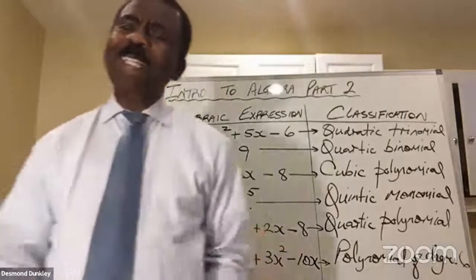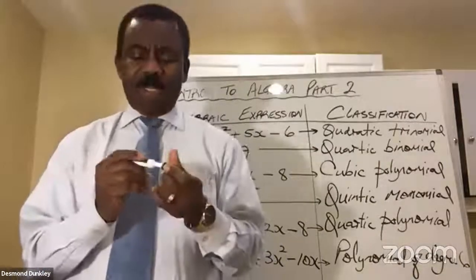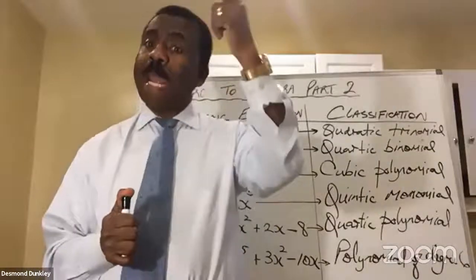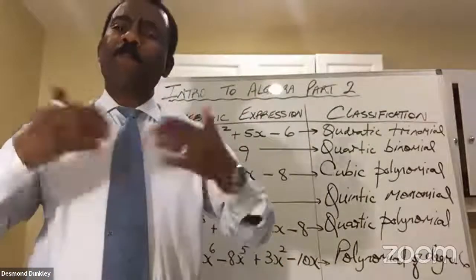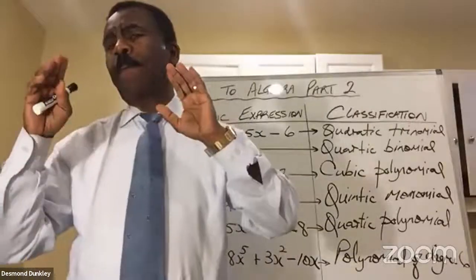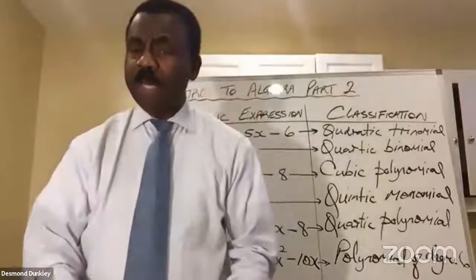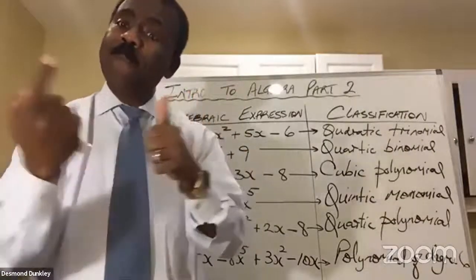So that's it right there. You're now experts at classifying algebraic expressions. So we have the monomial, the binomial, the trinomial, and after 3, polynomial. And then for the classification by degree, we have the constant, which means that it's just a number without a variable.